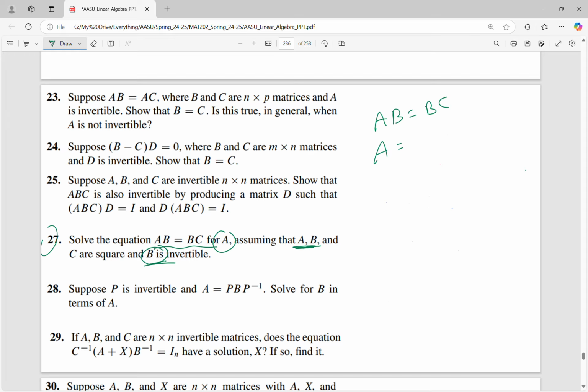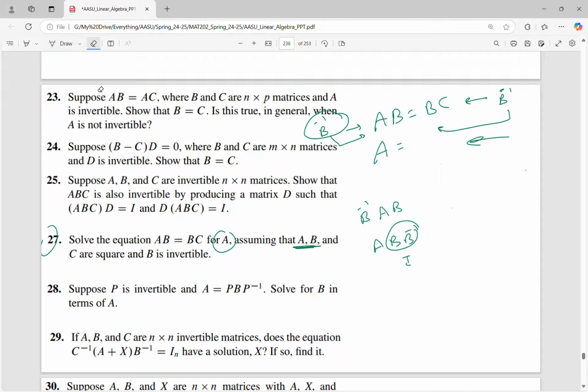Why is this information important? Because then I can multiply with the inverse. So now the question, do we multiply from here by B inverse or from here by B inverse? Okay, look, if you multiply from this side, you will get B inverse A B. If you multiply from the other side, you get A B B inverse, and this gives you the identity. So I will multiply from this side.